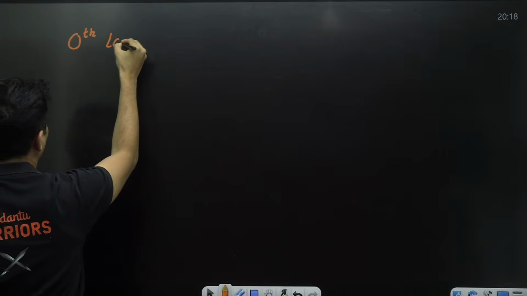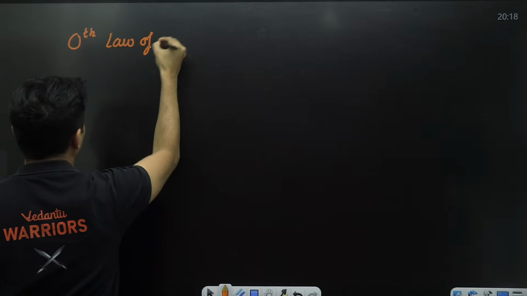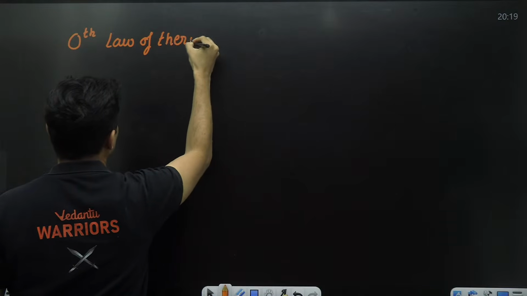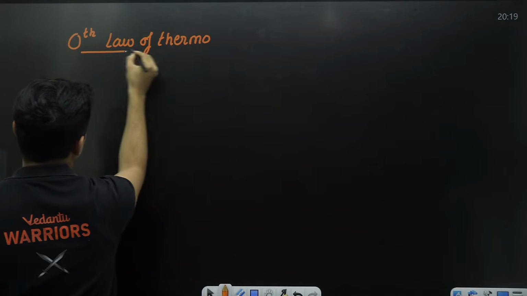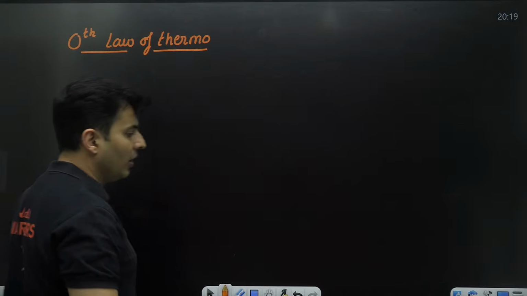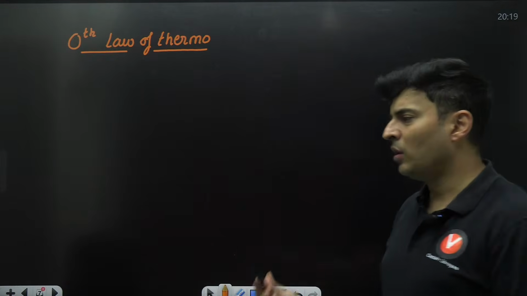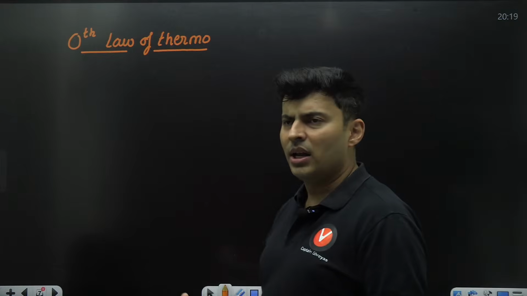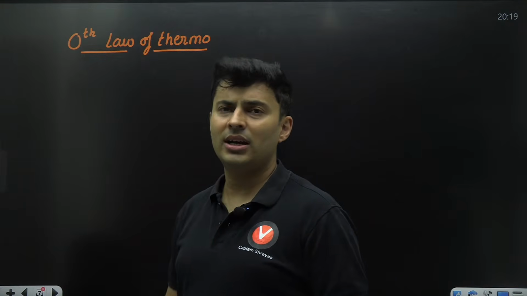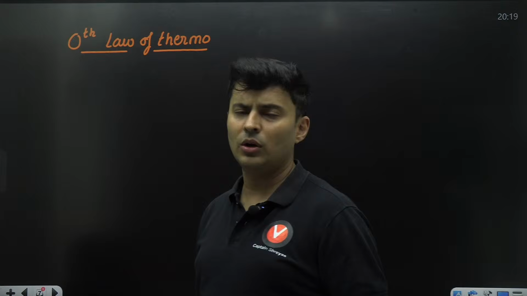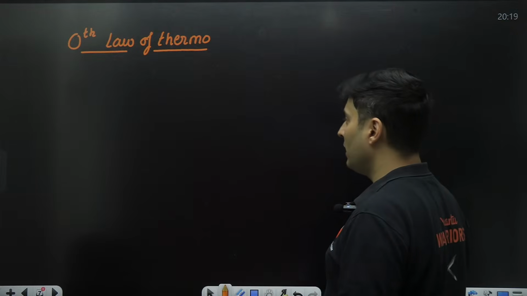Zeroth law of thermo. This is so elementary that it was called the zeroth law, and it came after the first and second law. Because the first and second law were already popular, they made this law the zeroth law, not the third law or fourth law, because it felt very elementary.